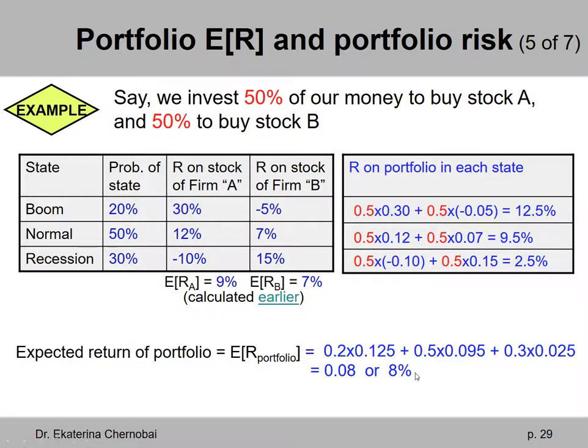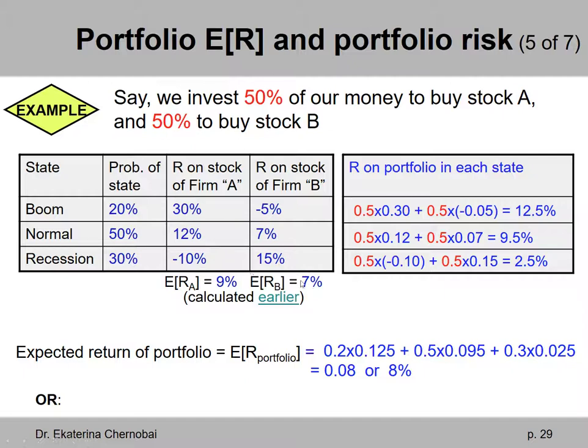There is a completely different way. Remember, earlier we already calculated that the expected return on just stock A is 9%, and the expected return if you just buy stock B is 7%.